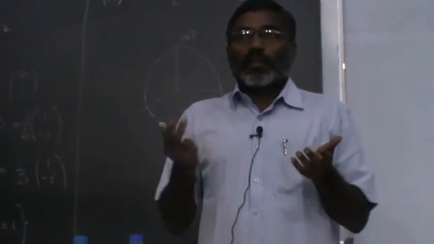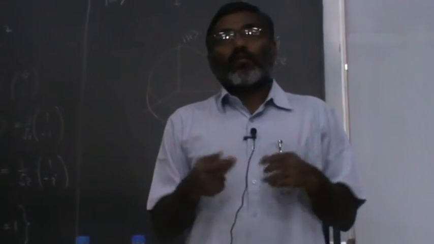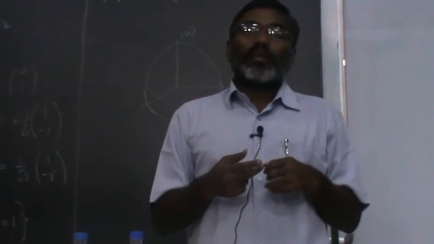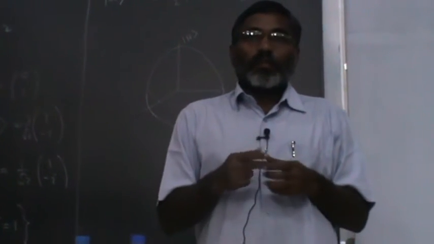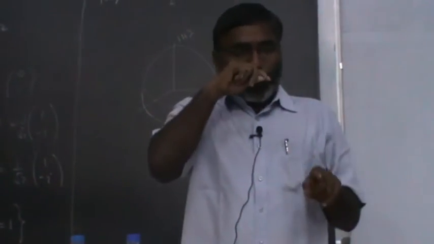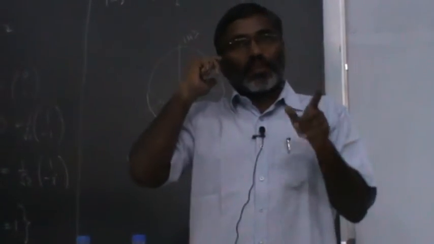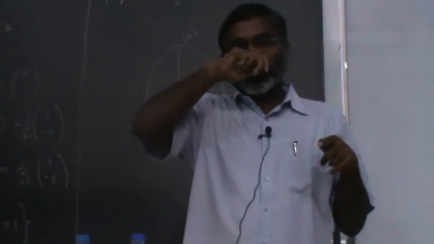So this is called the Pancharatnam phase. And much later, in quantum mechanics, this was discovered by Michael Berry. It is called the Berry phase. So the Berry phase is the phase acquired by the light going around this loop. In fact, we have done this experiment in our optics lab at Purdue University.